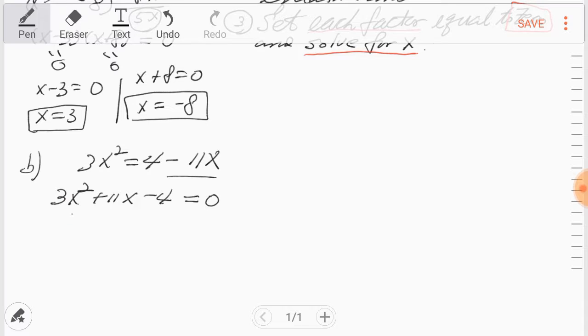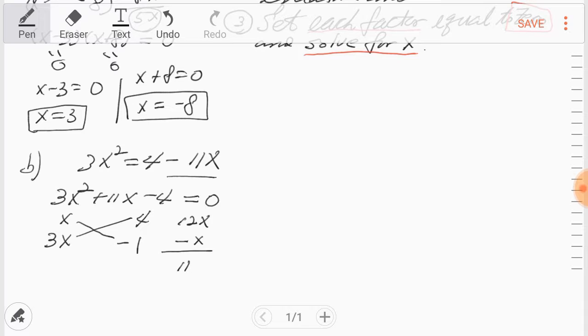And 3x squared is x times 3x. Okay, negative 4, we can set it as 4 times 1, and we need to put the negative sign. So why don't we put it on 1? So the cross product is 3 times 4 is 12x. x times negative 1 is negative x.